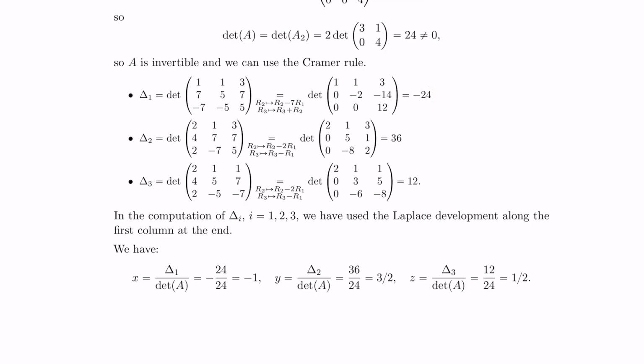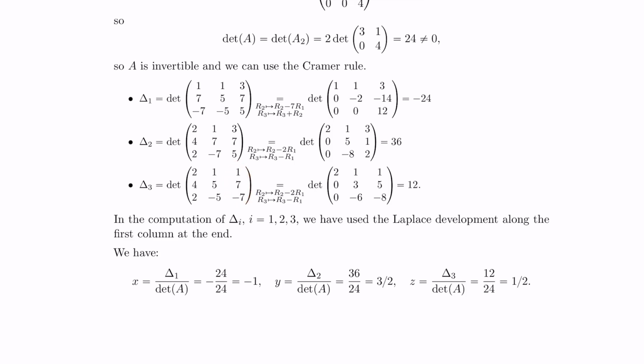minus 24. Notice now that the column vector B is repeated in the second column for delta 2 and in the third column for delta 3. We get, both times, matrices without zero entries, and so in order to simplify the computation of their determinants, we can apply these E1 transformations here and here.